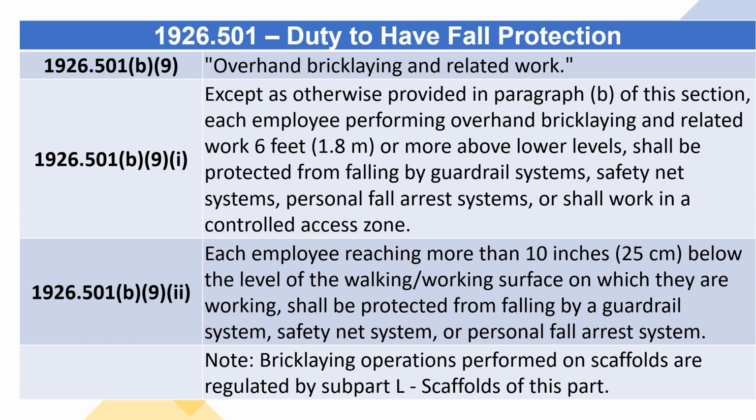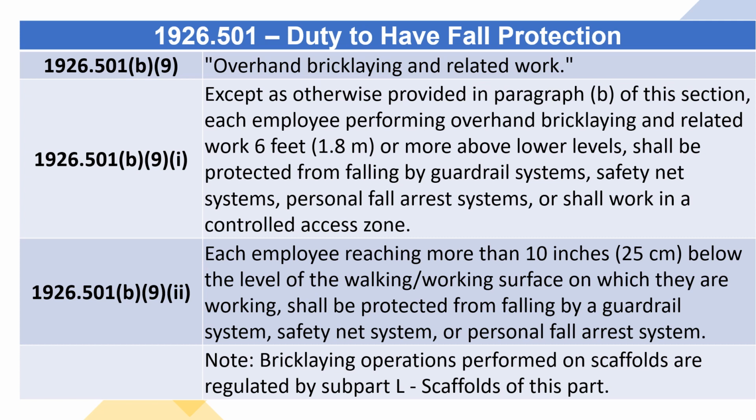1926.501(b)(9). Overhand bricklaying and related work. (i). Except as otherwise provided in paragraph (b) of this section, each employee performing overhand bricklaying and related work 6 feet (1.8 meters) or more above lower levels shall be protected from falling by guardrail systems, safety net systems, personal fall arrest systems, or shall work in a controlled access zone. (ii).